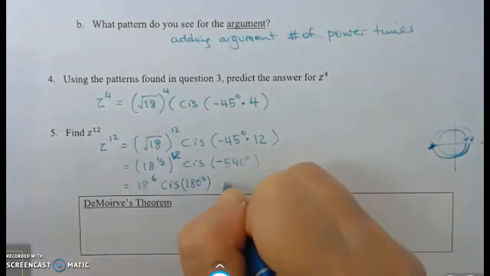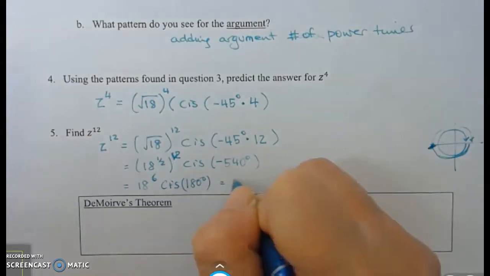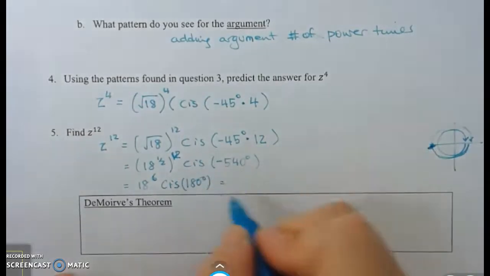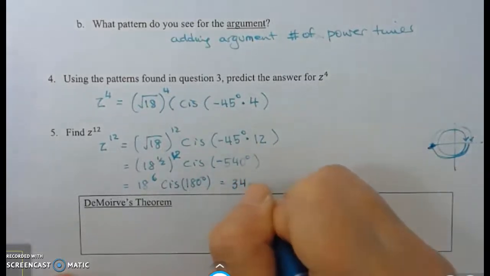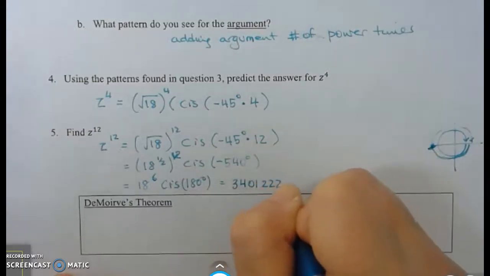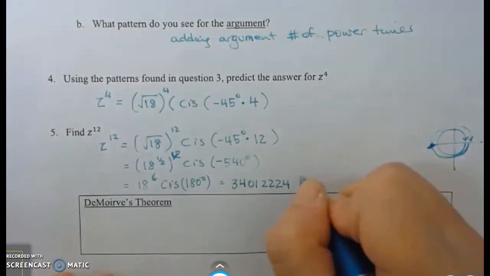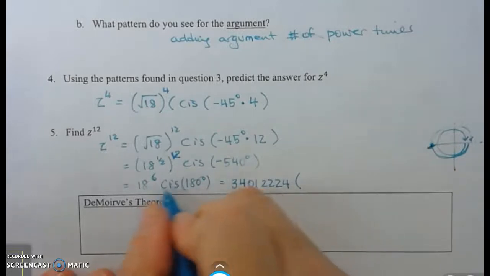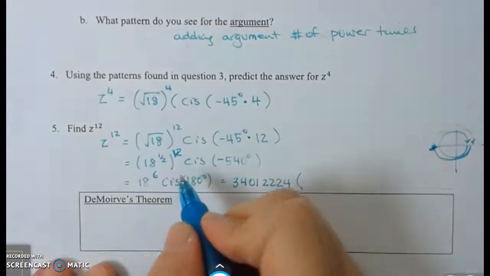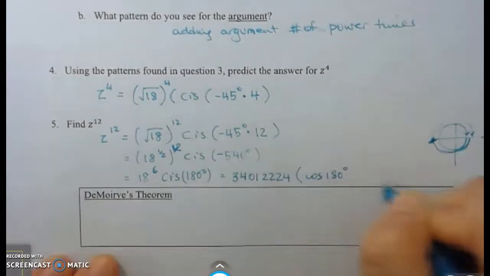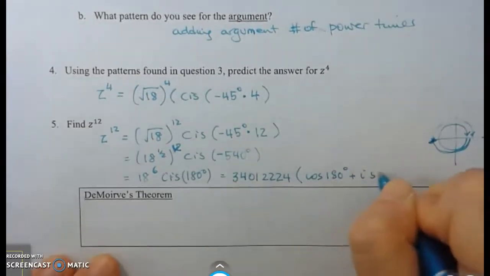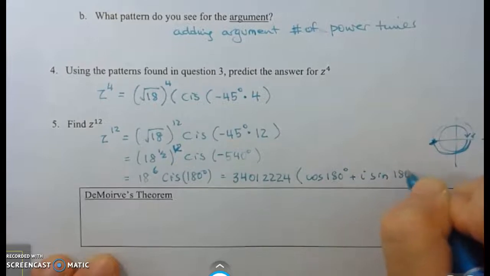Okay, so 18 to the power of 6, if you use the calculator, you get this huge number, 34012224. And if I expand this form, that becomes cosine of 180 degrees plus i sine of 180 degrees.